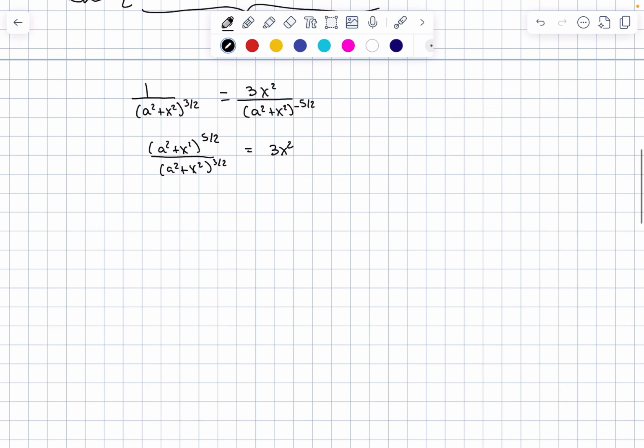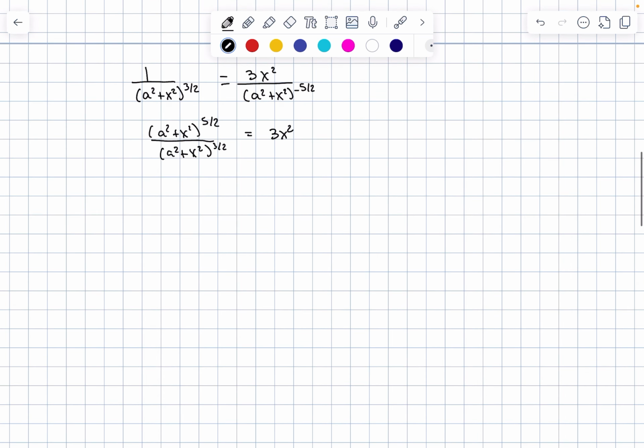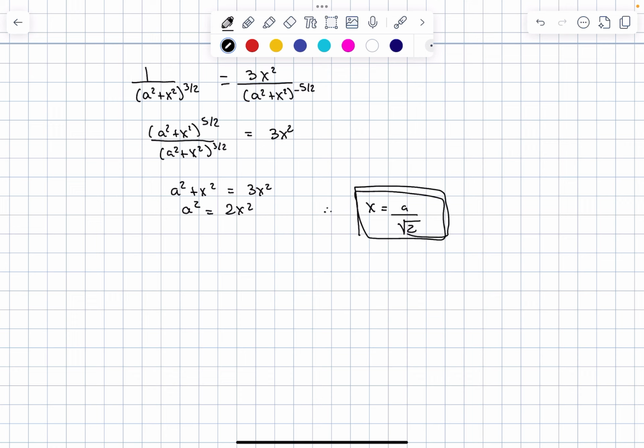Now here, I see that a squared plus x squared is equal to 3x squared. A squared is equal to 2x squared. Therefore, x is equal to a over square root of 2, which is going to give me that position that I'm looking for.